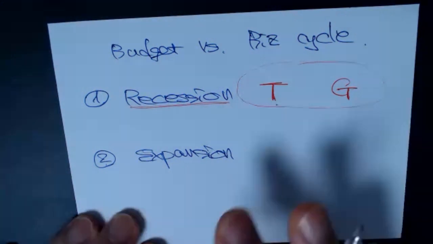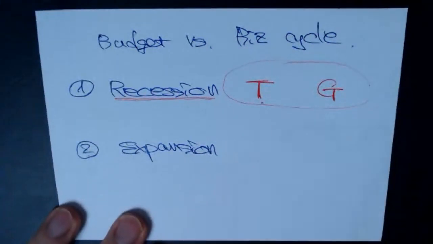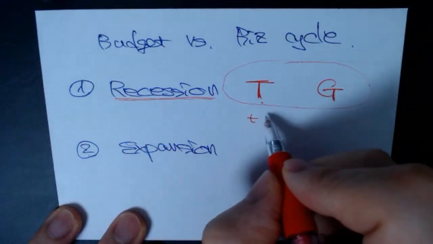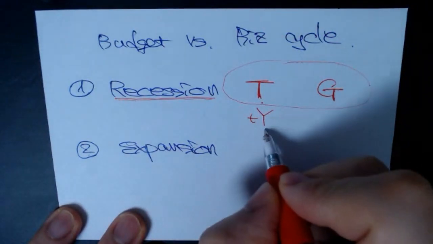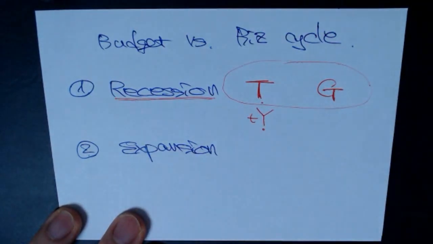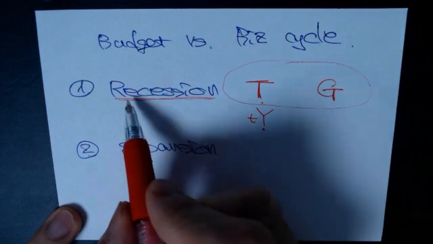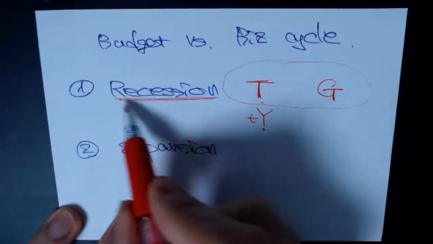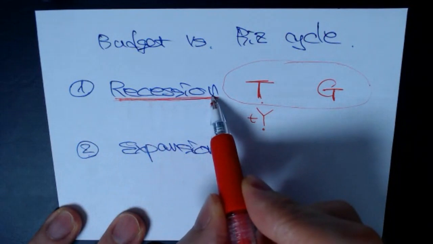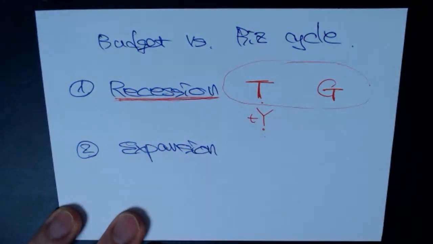Because this one is tax revenue, and we just said that tax revenue has a close relationship to national income. We defined recession as a decrease in output.